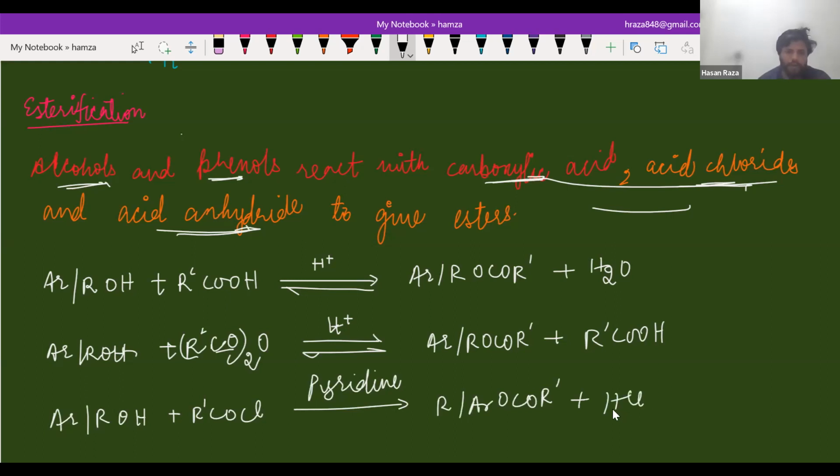So all are basically reacting with carboxylic acid, acid anhydride and acid chloride, then we will get esters.